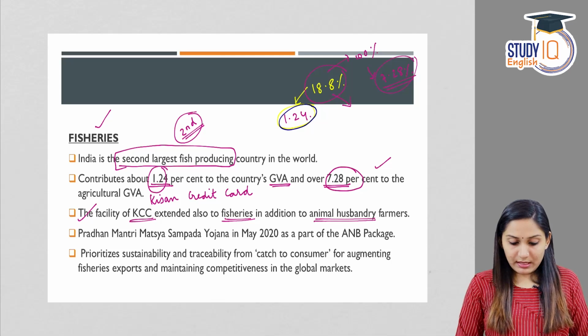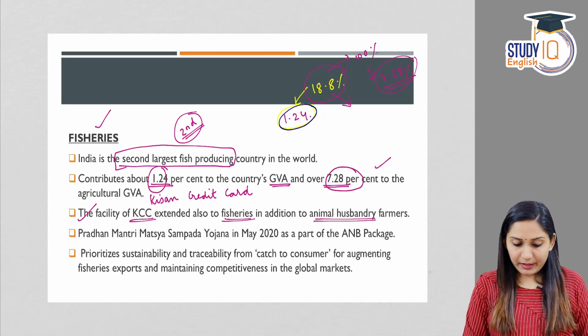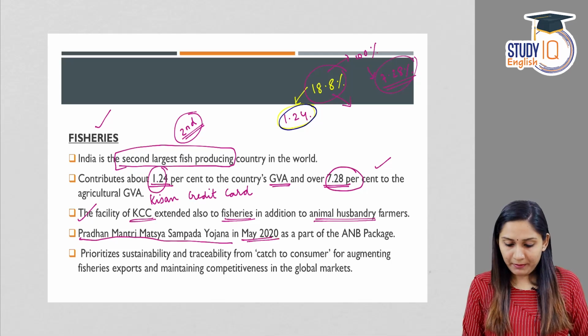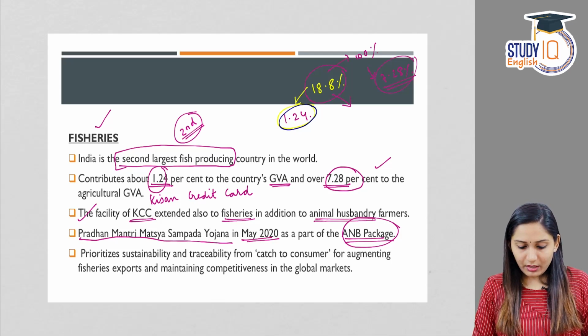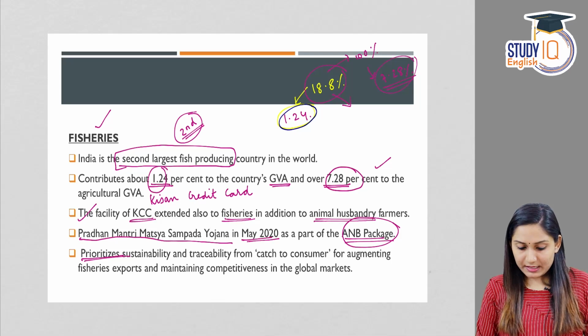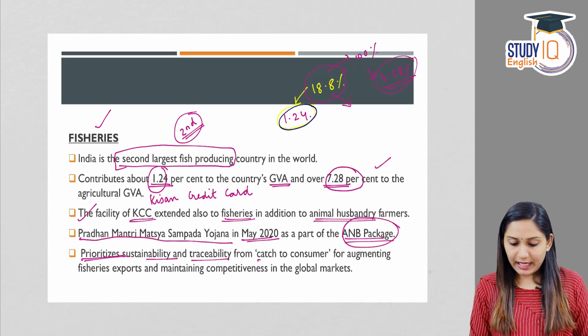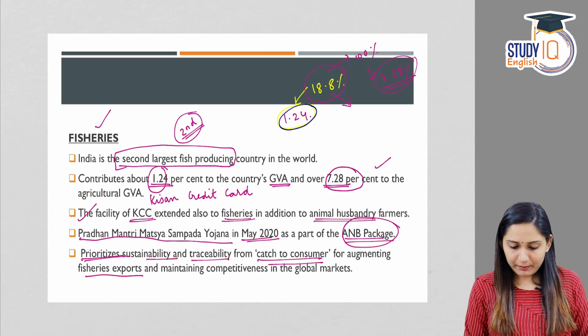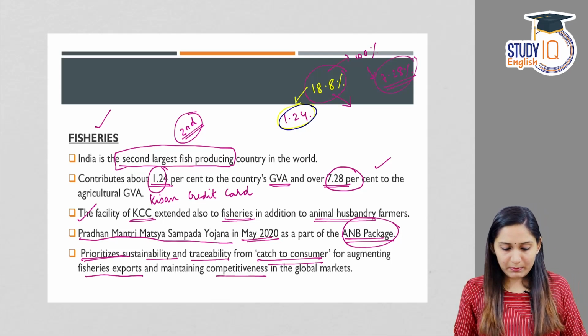Okay, so this is a government initiative. Another one is Pradhan Mantri Matsya Sampada Yojana, launched in May 2020 as a part of the Atmanirbhar package. It prioritizes sustainability and traceability from catch to consumer for augmenting fisheries exports and maintaining competitiveness in the global market.